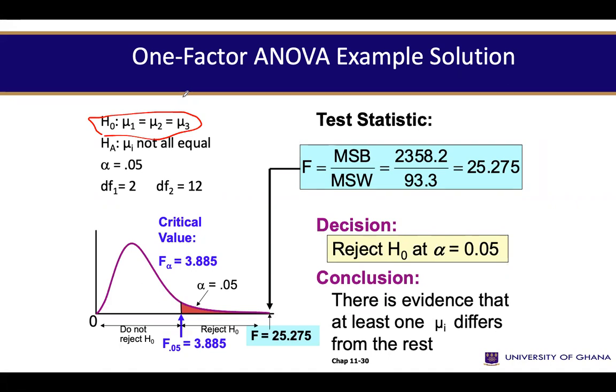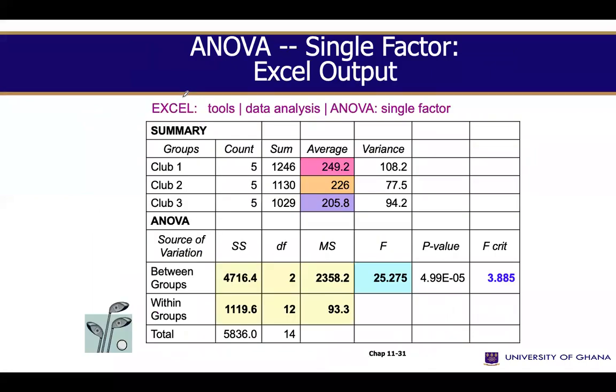So once there is a conclusion that at least one of the means is different, we should be able to identify wherein lies the difference. Okay, so that is basically what we are going to do as far as this analysis of variance is concerned.